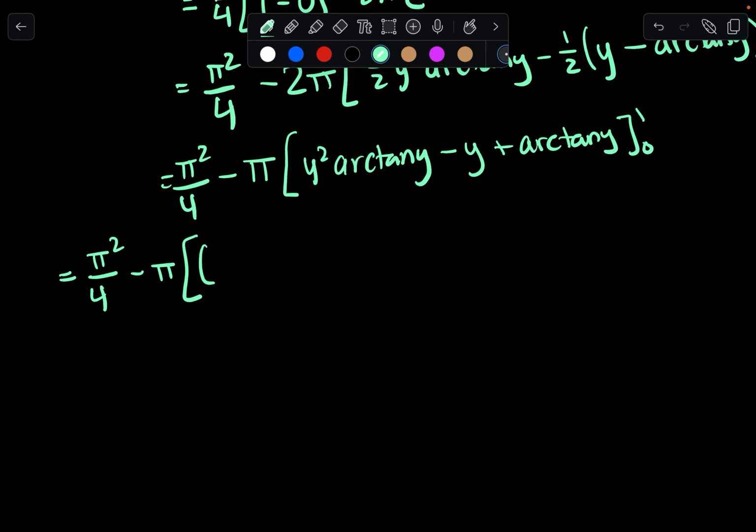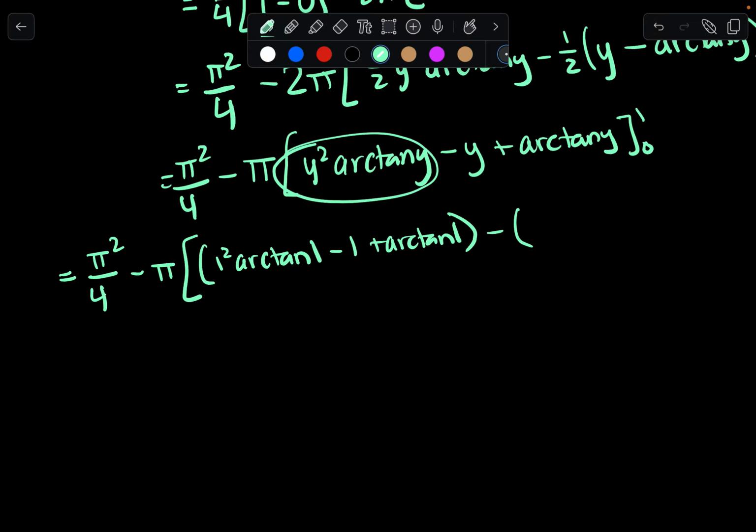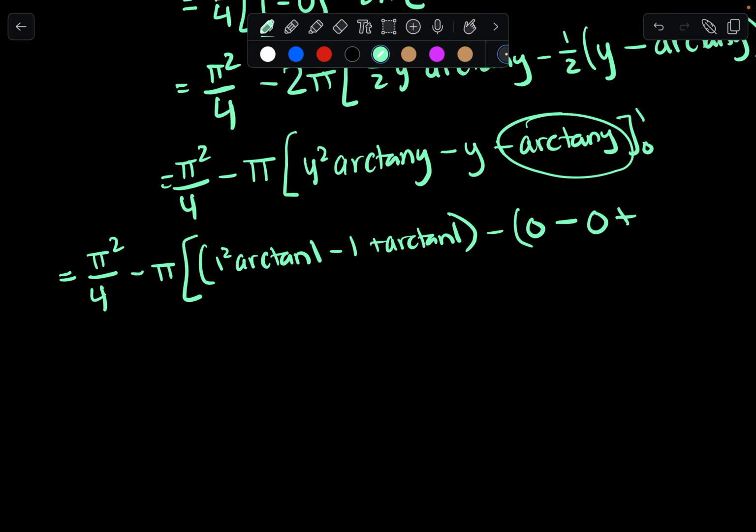First fundamental theorem, plug in the 1, we get 1 squared arctan of 1 minus 1 plus arctan of 1. That's the upper bound. Plug in the lower bound. That's 0 squared, so it's going to be 0 minus 0 plus arctan of 0, which is going to be 0.